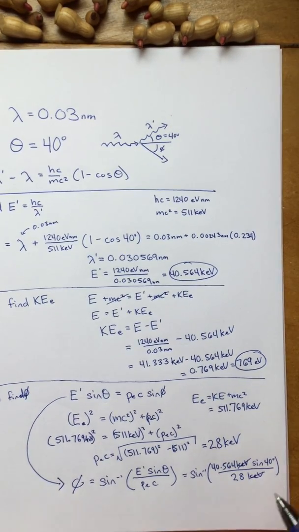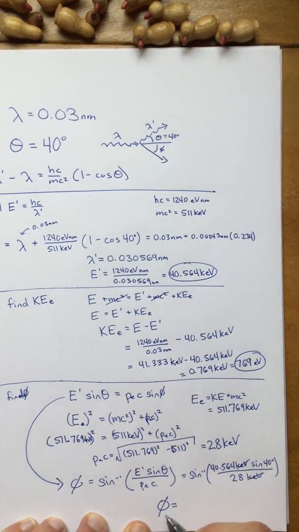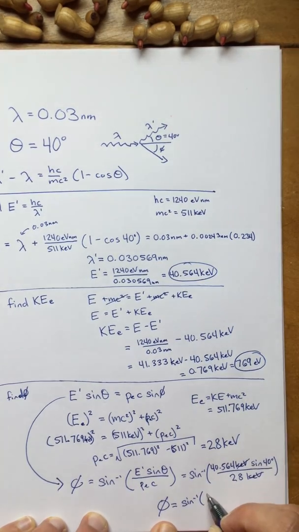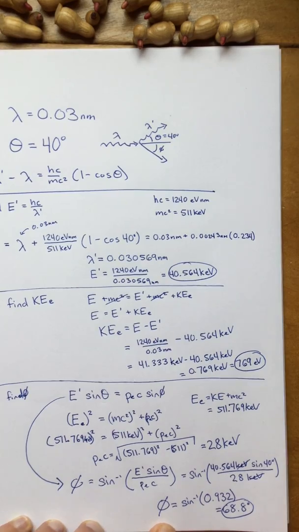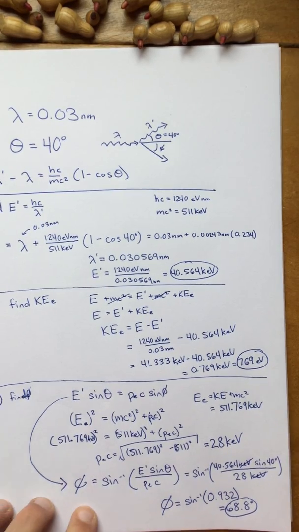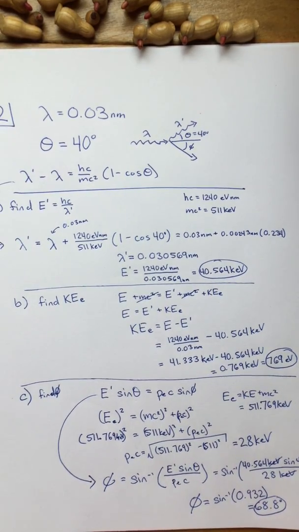The kilo electron volts cancels out, and you get phi is equal to the inverse sine of 0.932, which is 68.8 degrees. And that is the answer for part C. So that concludes problem 32.